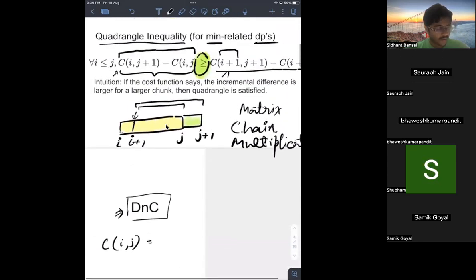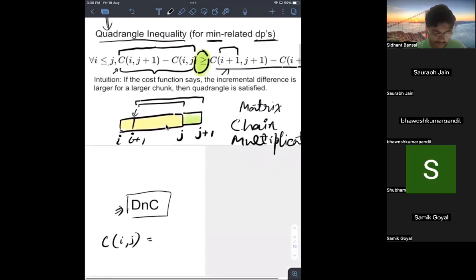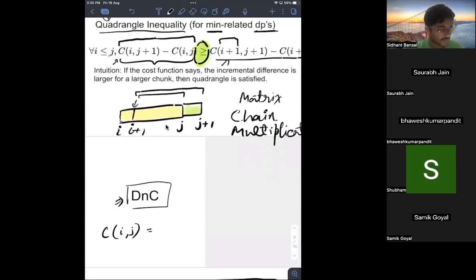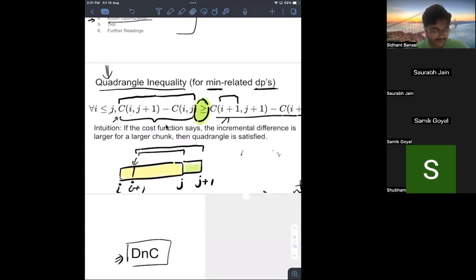What the quadrangle inequality in general says is not particular to this question. It's a very generic inequality that DP questions exploit in these optimizations. If the incremental difference, okay, so 4 indices are important here: I plus 1, j plus 1. So 4 indices are important.